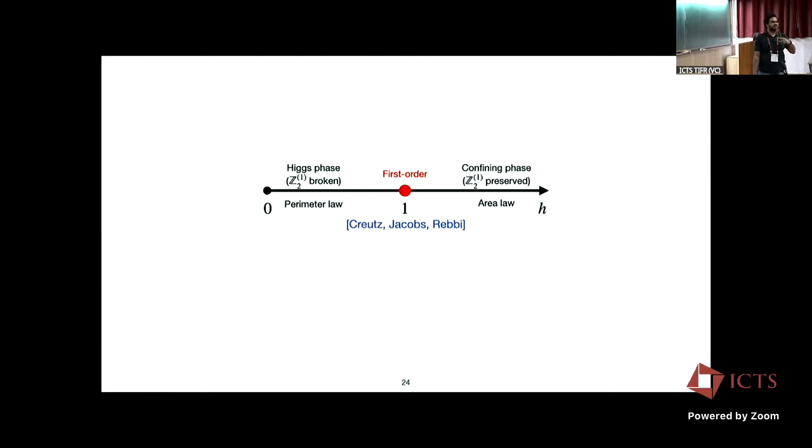This is in 3 plus 1D. In 3 plus 1D, it maps it back to itself. It maps lattice gauge theory to itself. Yeah, there is a non-invertible symmetry. I'll talk about that towards the end.